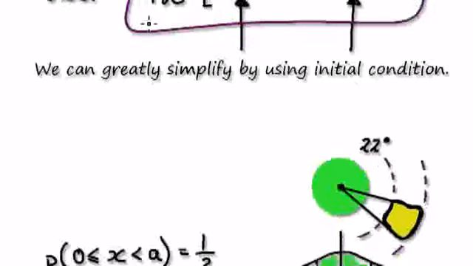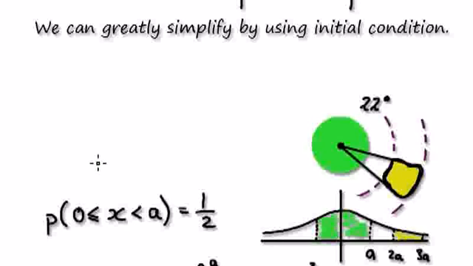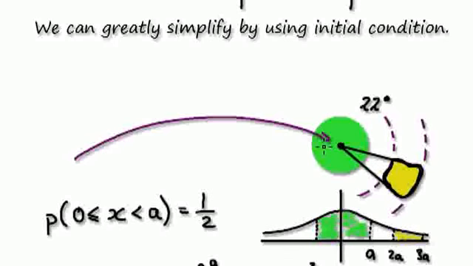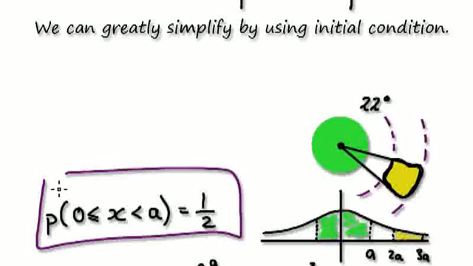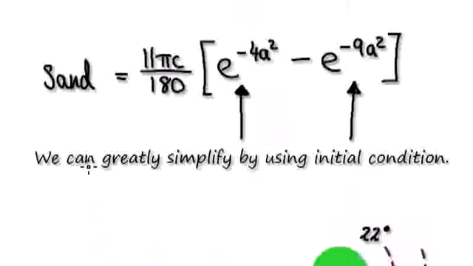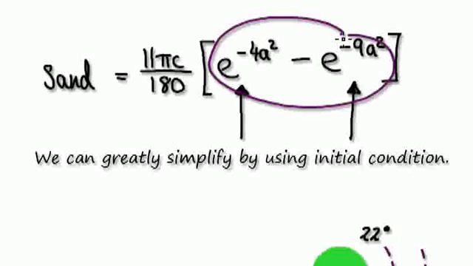The initial condition was that when you hit the golf ball, you can get it onto the green 50% of the time. So this here was the initial condition. Looking at the initial condition, we can greatly simplify this bit here.